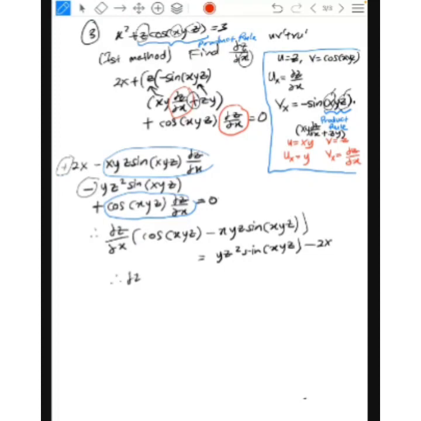Then I can find already my del z del x, which is everything here you bring to right hand side, it will be division. Multiplication bila bawa ke sebelah jadi division. Okay, dan sebaliknya lah. Over cos xyz minus xyz sin xyz.